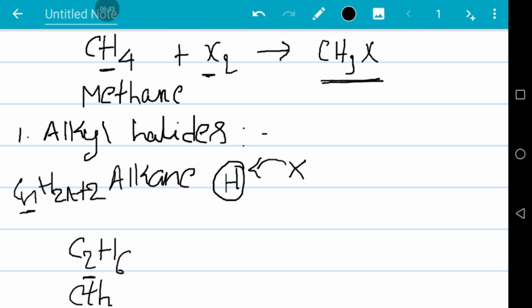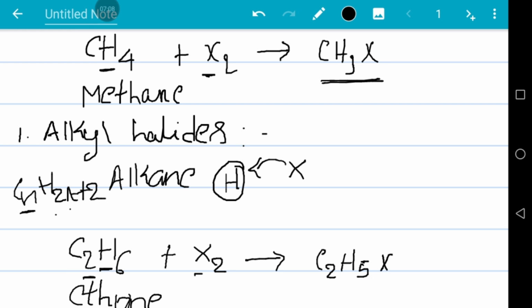Two carbons, so n value is 2. So 2 into 2 is 4, 4 plus 2 is 6. So C2H6. What is the name of this? Ethane. So when this ethane reacts with halogen, one hydrogen of the alkane is replaced by the halogen, then C2H5X. So this is an alkyl halide. So alkyl halide means the replacement of hydrogen in an alkane by the halogen. That is known as alkyl halide.